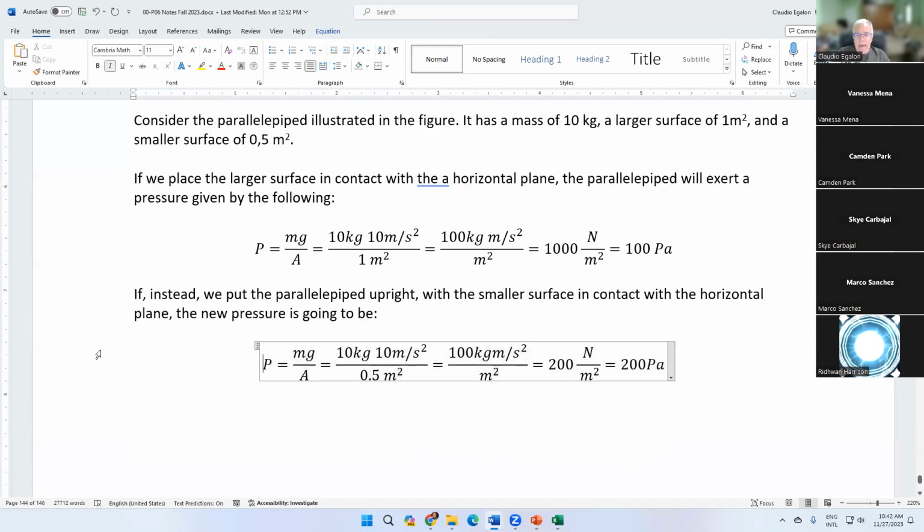With half of the area in contact with the plane, the pressure is going to increase by twice. You see that happening, right? That goes according to the definition of pressure itself.